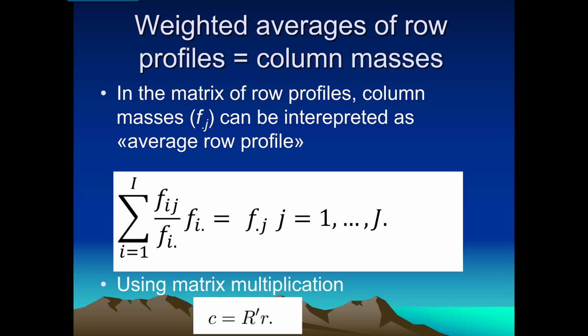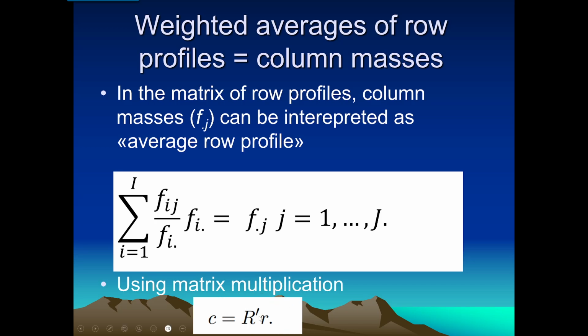And so, if you take the averages of the row profiles, you see these are row profiles, so you divide by the row total, and then you take the average, a weighted average. Well, you obtain nothing but the column mass of column J. Therefore, you can do it with matrix multiplication if you want.